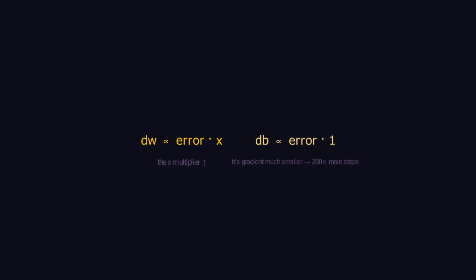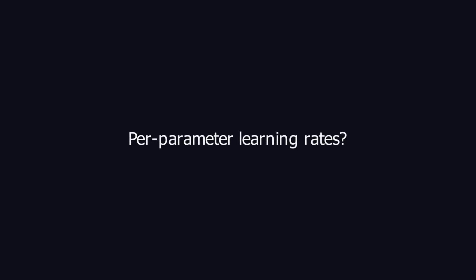The slope with respect to B doesn't get that multiplier. Same step size, but the gradients have different natural magnitudes. Applying one step size to parameters with different natural scales is a structural mismatch, not a tuning issue, a design issue. What if every parameter could have its own step size?